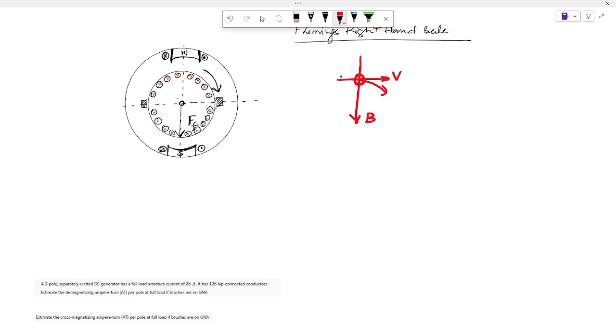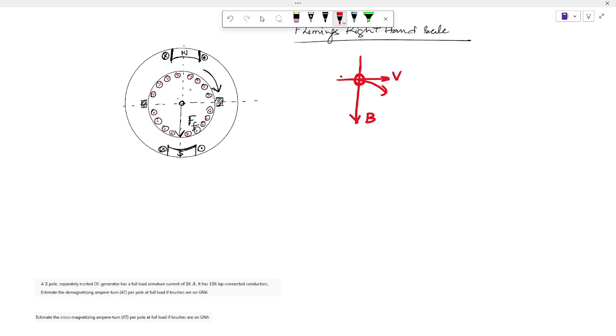So see, B is down, but this conductor is moving this way, so the current direction will be inwards. Inwards means cross. Getting it or not? Yes, sir. So the upper half of the conductors will have cross and the lower half of the conductors will have dot.